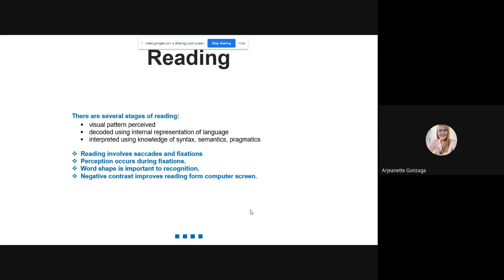Reading involves saccades and fixations, and perception occurs during fixations. Word shape is important to recognize, and negative contrast improves reading for computer screen. Kailangan sa computer screen is readable kasi isa siya sa characteristics na ini-include sa paggawa ng computer system.